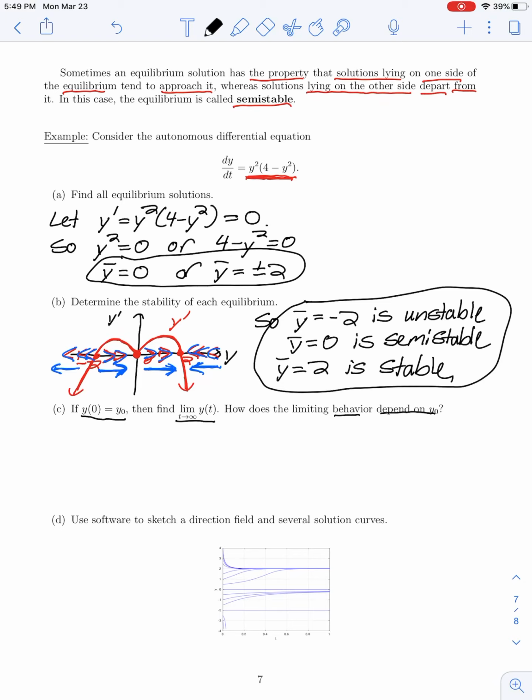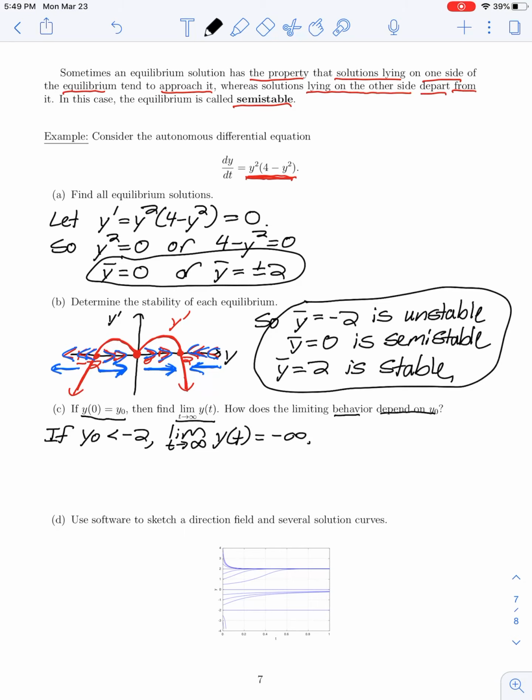So looking at our phase line diagram, if we look at the y-axis, say moving from left to right, the first split in the behavior of solutions appears to be at -2. So in particular, if y naught is anything less than -2, it appears that our solutions keep decreasing.